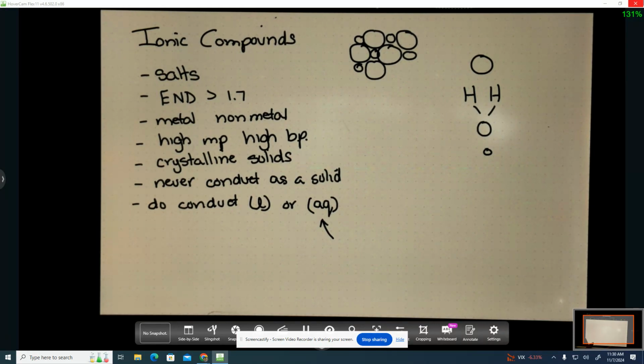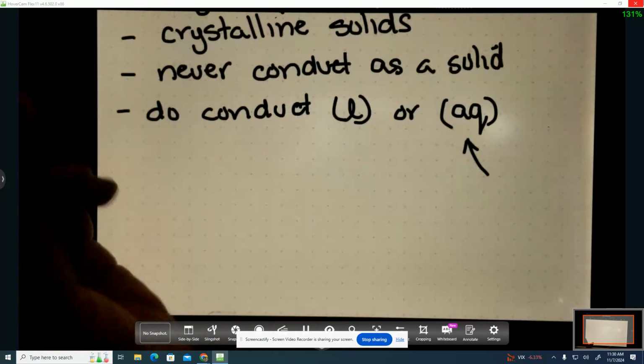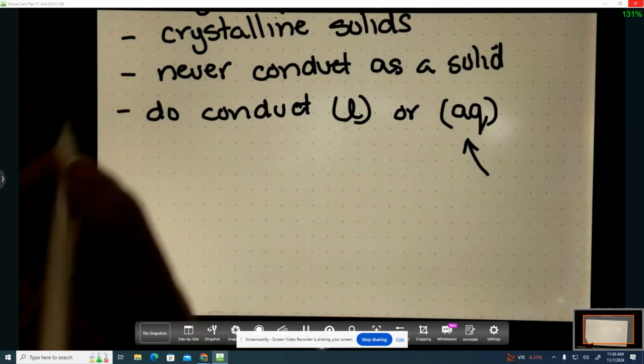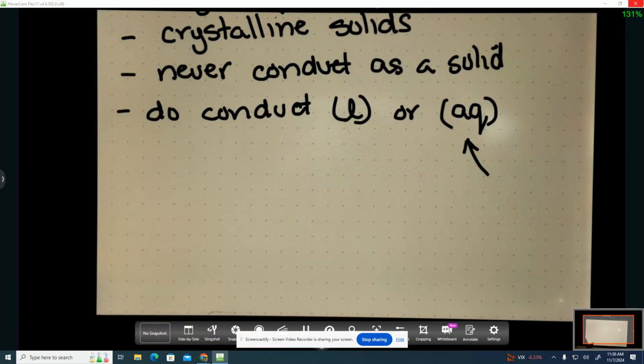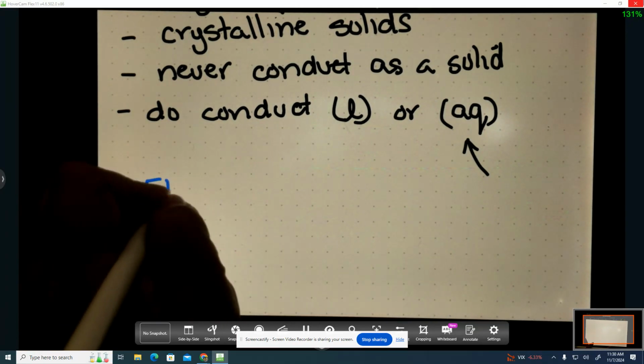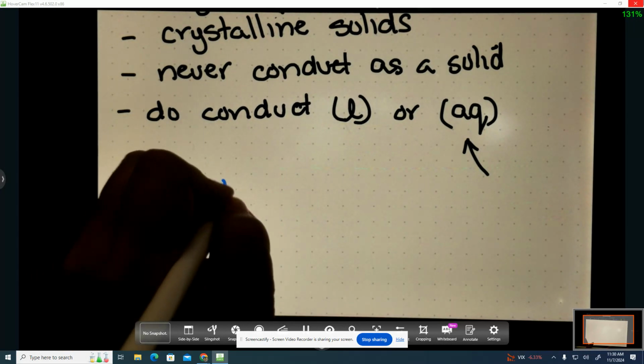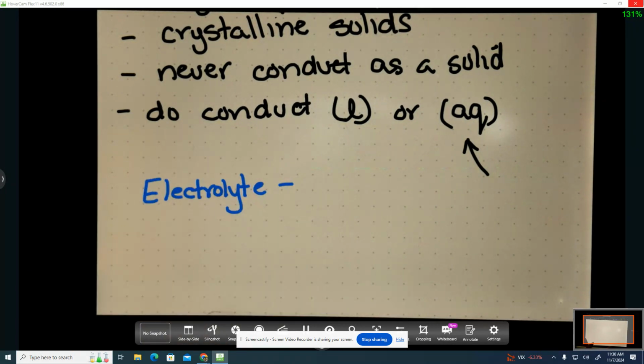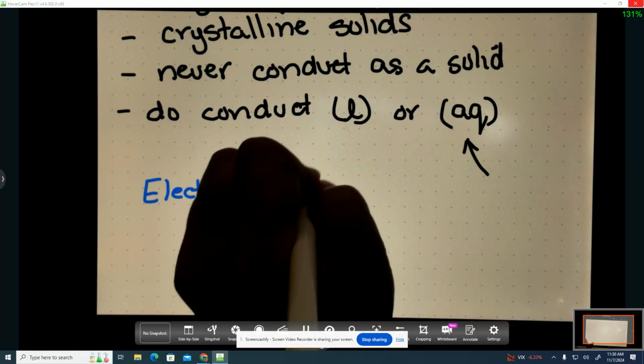That's a popular test question right there. Why can these things conduct electricity? There's a special word for things that conduct electricity, and salts are this thing. Think Gatorade. Electrolytes. Electrolytes are substances that can conduct electricity.